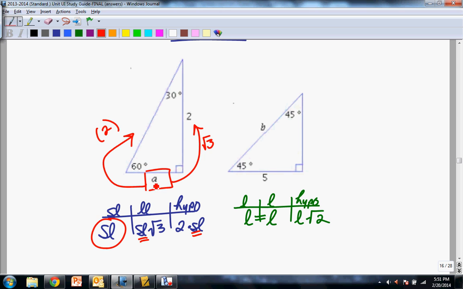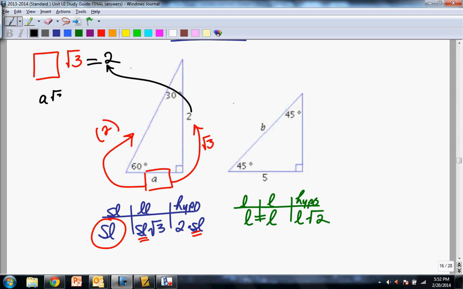So we want both sides, even though there's only one variable. So here on the left, we have to find A before we go to the other sides. So this reads like this. Something times root 3 is 2. Now there's a couple ways you can do this. One is algebraically, and one is what I call logically. Let me show you how to solve it algebraically.